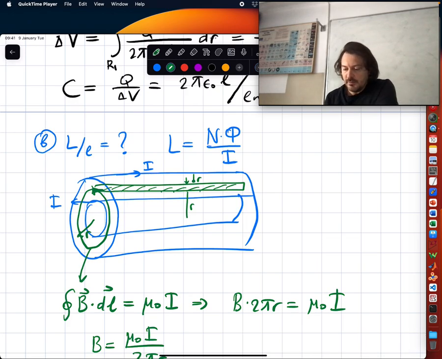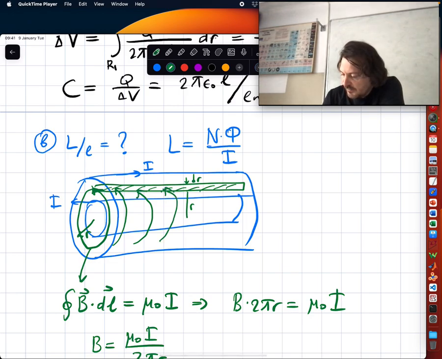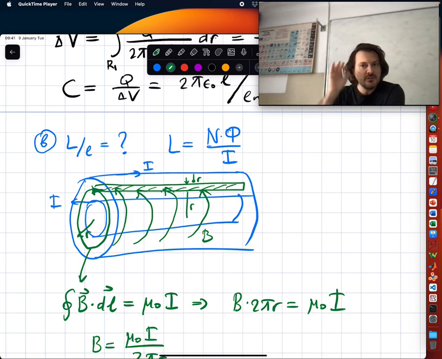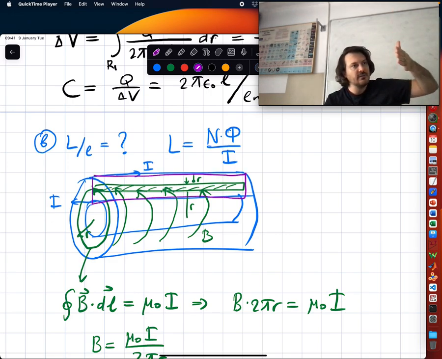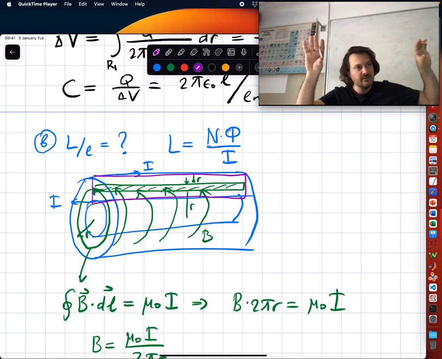Yes, because look, in this case, we are interested in this magnetic flux that goes inside that surface. This is the magnetic field, and it penetrates. So if you look at this section, it's a cut from a cylinder, and if you cut a cylinder, it looks like a rectangle.